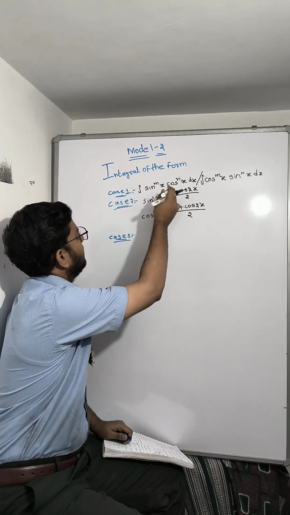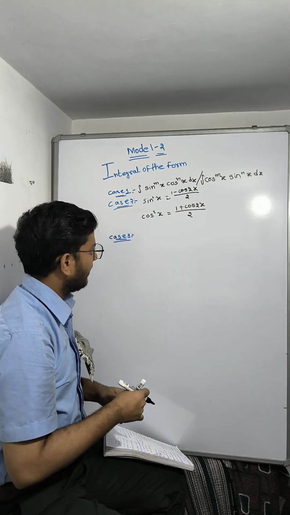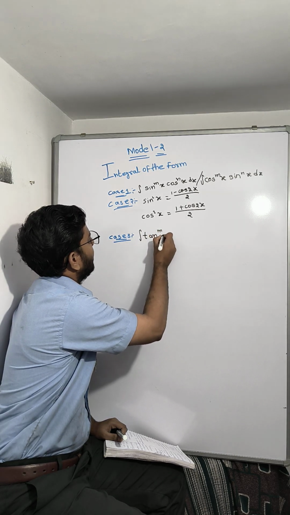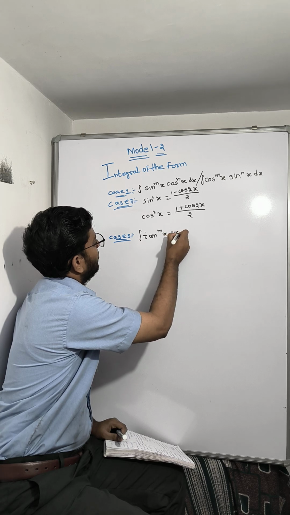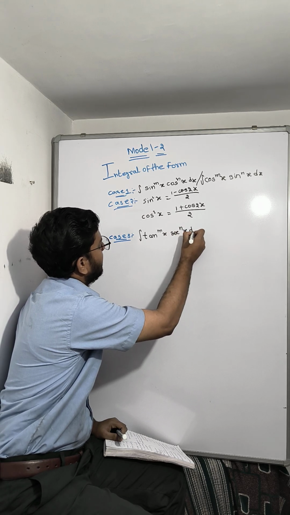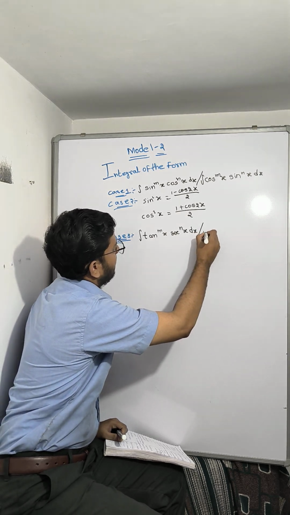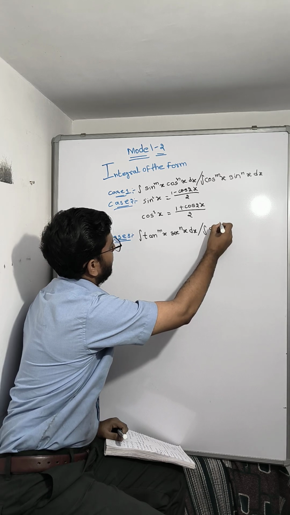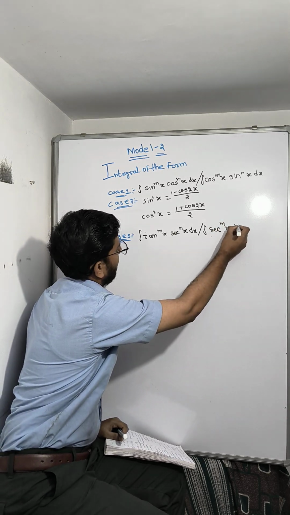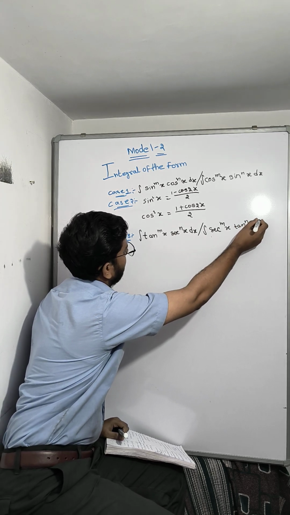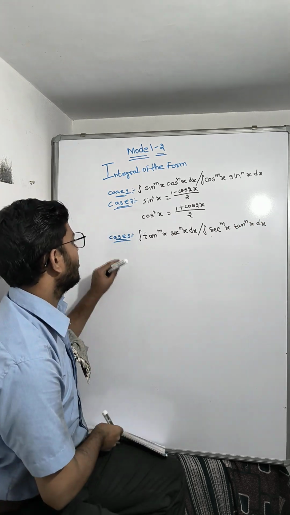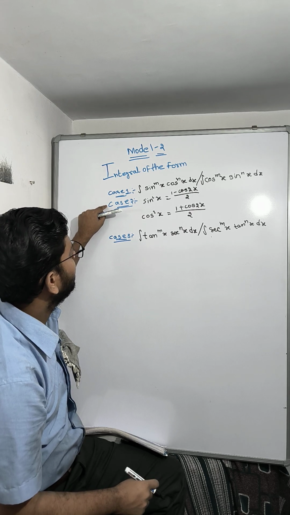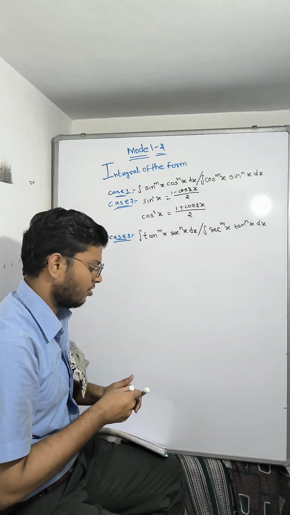Case 3: integral tan to the power of mx secant to the power of nx dx, or integral secant to the power of mx tan to the power of nx dx. I didn't say model number 3. Model number 1, sorry, case number 1, case number 2, I said already in the previous videos.